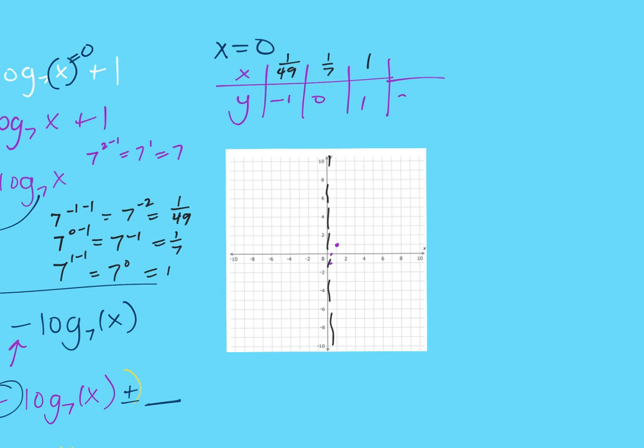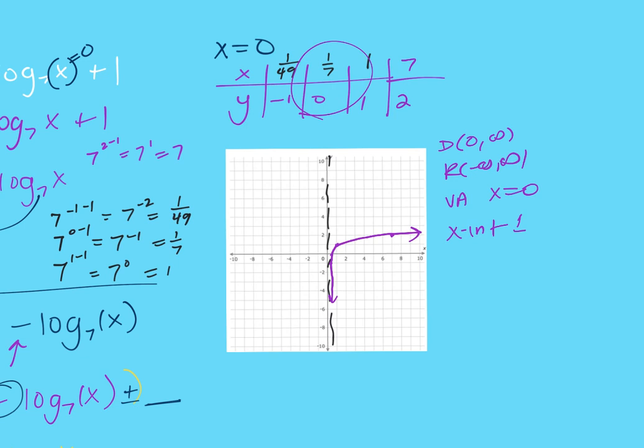So it'd be 7, 2. And then my graph would look like that. You don't need the 7, 2 as long as you know what your curve's supposed to look like, as long as you curve it to the side. And then domain, 0 to positive infinity, range, all real numbers. Vertical asymptote, x equals 0, and x-intercept, the one where we plugged in 0, so 1, 0.